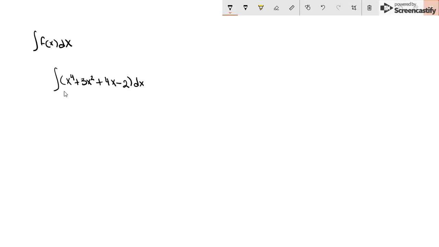So with an integral, you could take each one individually. Kind of like when you take a derivative, you do each one separately. You could do that. So that's what I'm going to do. Until you get more practice, that's what I recommend doing.